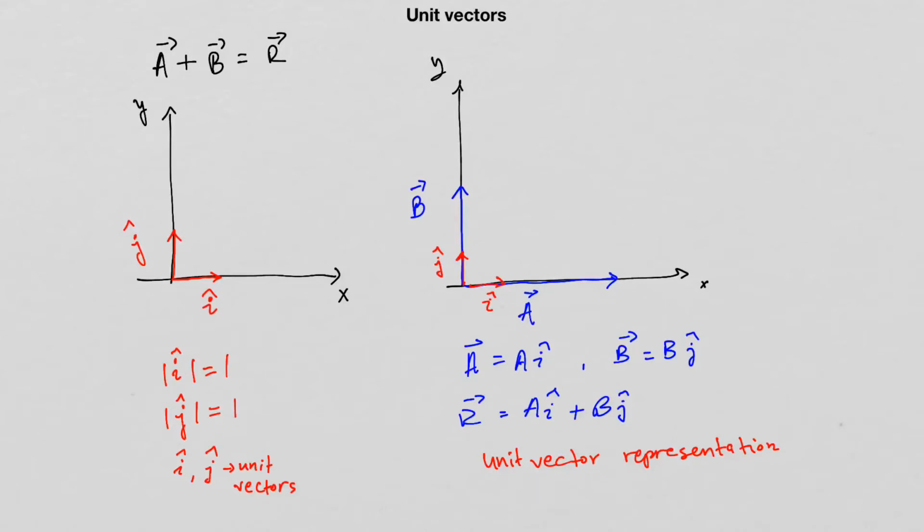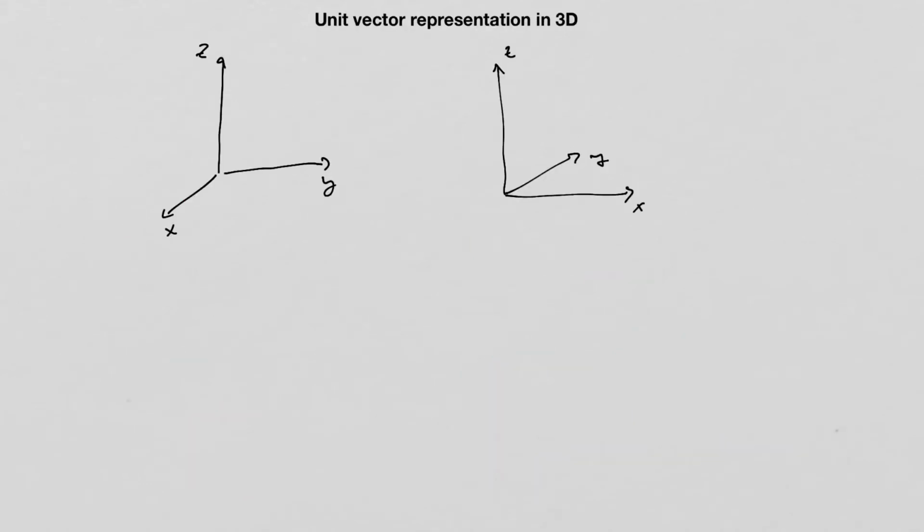Now let's see how a vector is represented in a three-dimensional coordinate system, in three-dimensional space. Here's an example of a three-dimensional coordinate system. We have an x, y, and a z-axis as the third axis. There are two ways the coordinate system is typically drawn: this representation, or this representation. Both cases are identical, just the perspective from which the coordinate system is viewed is different.